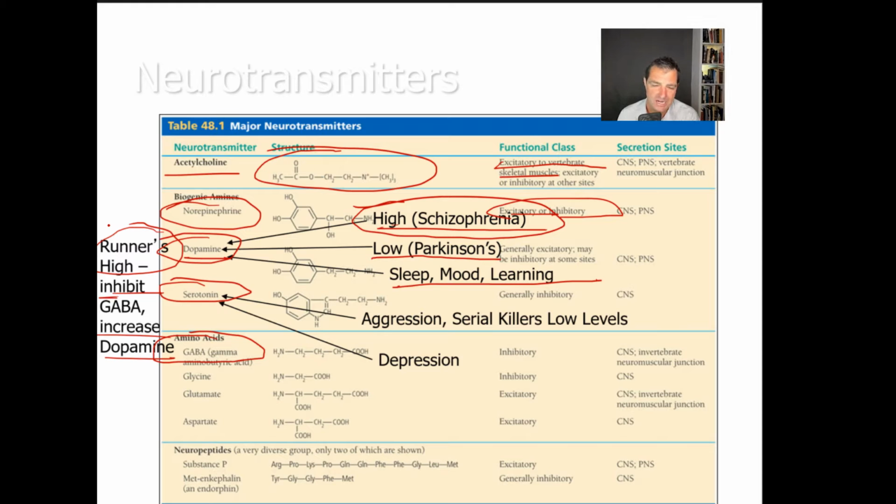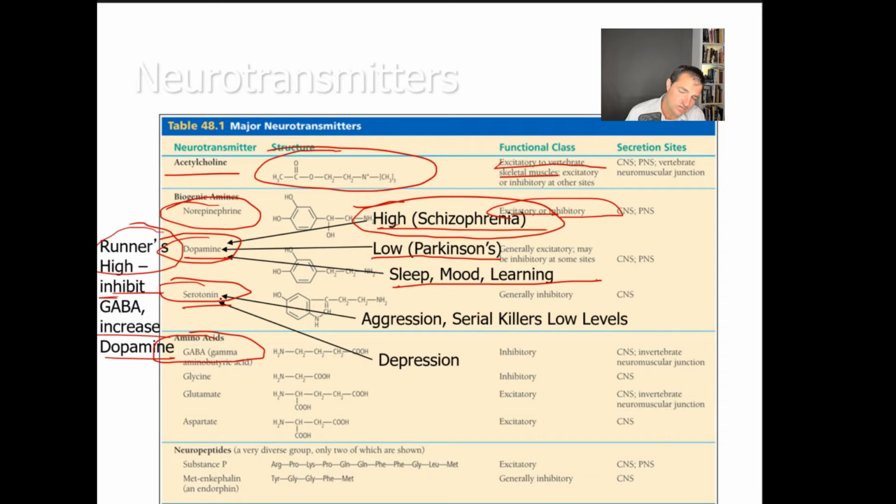People that do aerobic exercise, running is one of those, tend to get this sort of mood swing that is very beneficial. Mood swing isn't normally something you hear of in a good way, but this is a very calming kind of effect due to, they think, this inhibition of GABA, but an increase in dopamine.